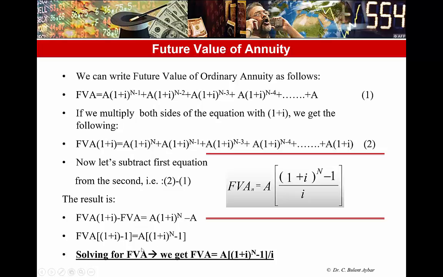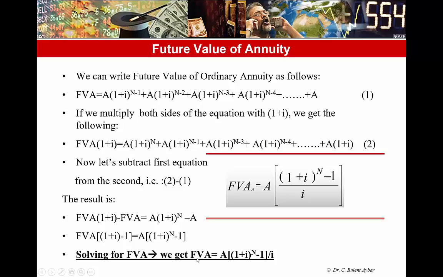And on the right-hand side, we create the parenthesis and take A out, and 1 plus I to the power n minus 1 is the remainder of the term in here. And on the left-hand side, the ones cancel out, so we have the future value of annuity times I equal to A times 1 plus I to the power n minus 1.